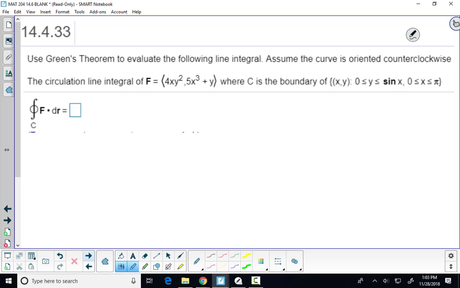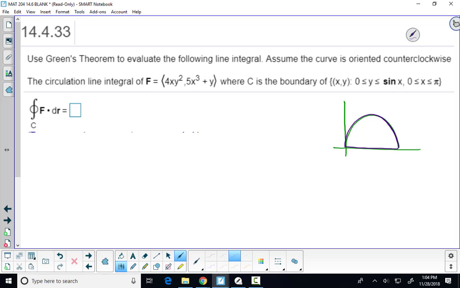Obviously, you could do this directly and parameterize this region, but it would be two curves, because the region is comprised of the sine part and also this flat boundary at the bottom. That's going to take you even longer, and I would probably not recommend doing that unless you're really bored.